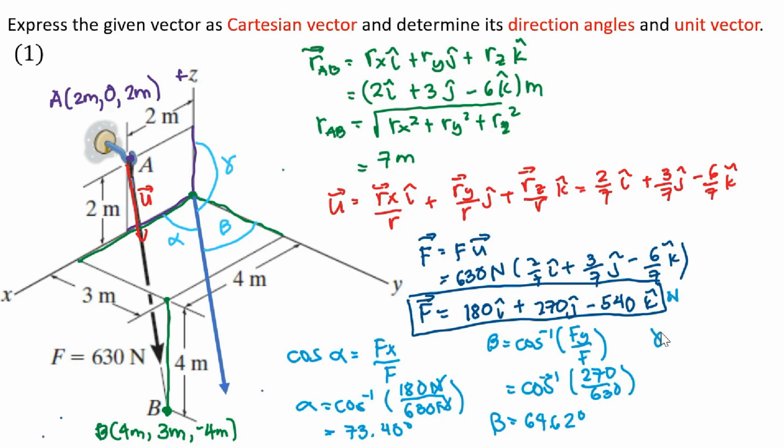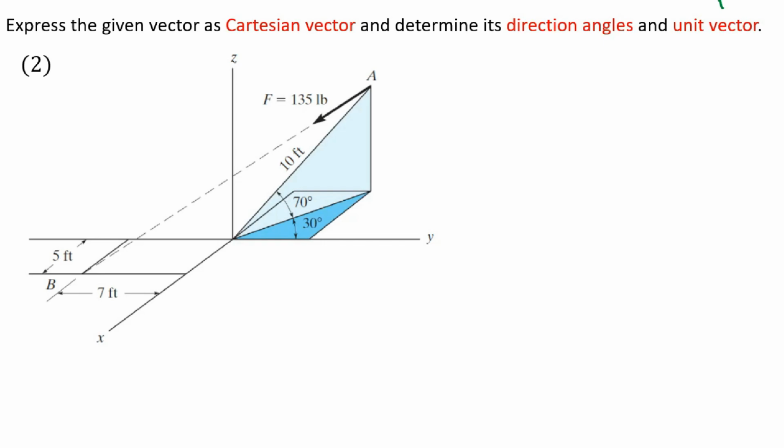While for gamma, we expect this will be higher than 90, so that is arc cosine of Fz over F, and that will be arc cosine of negative 540 divided by 630, and gamma is 31.00 degrees.